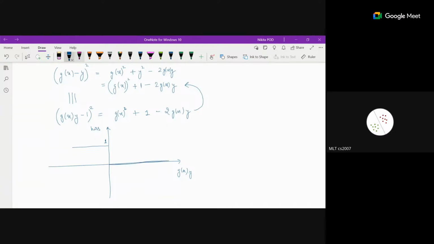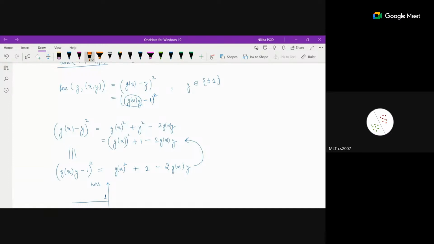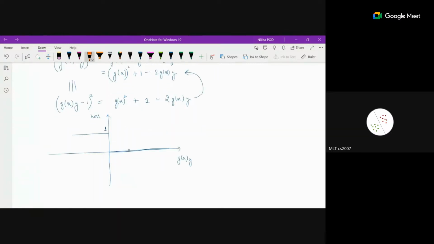Now for this problem, the loss can be written as g of x y minus 1 whole square. Let's say we have 1 somewhere here. If we take g of x times y minus 1 whole square, you are going to get an upward facing parabola, centered at 1. So you will have a parabola over here.